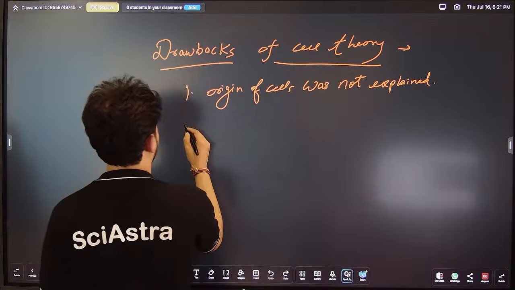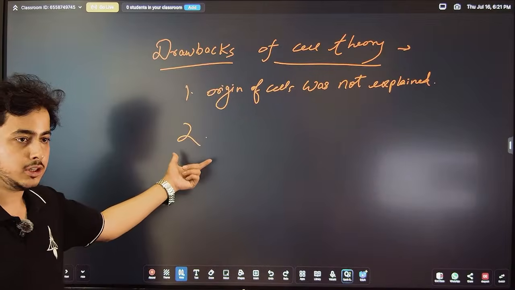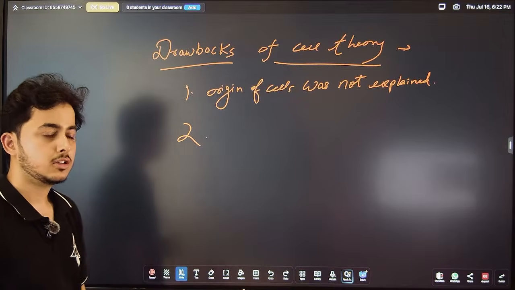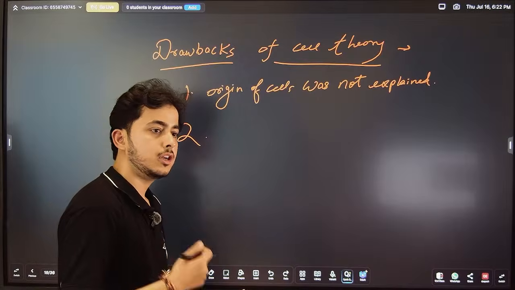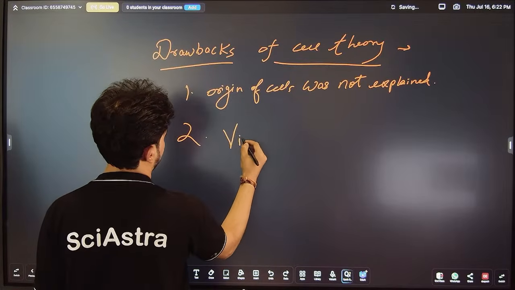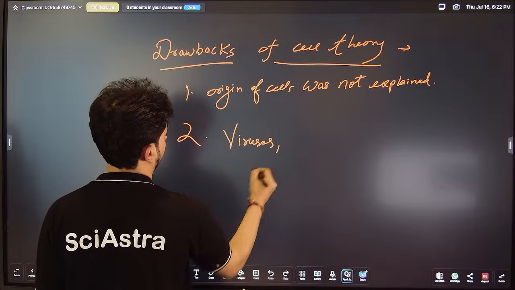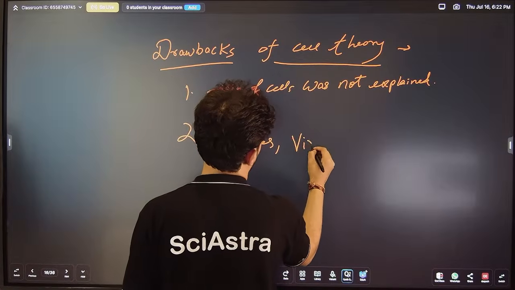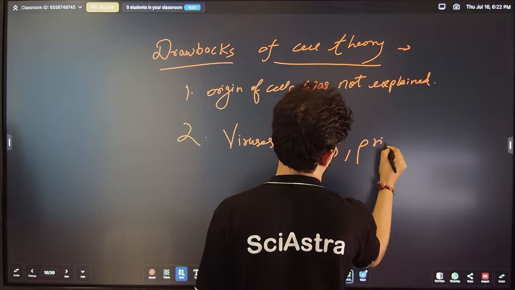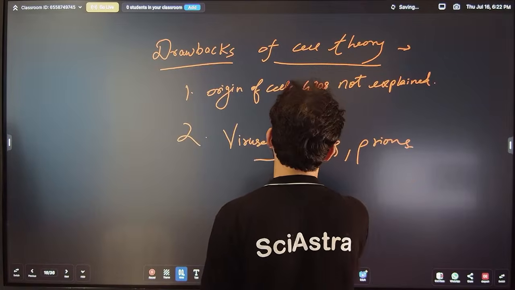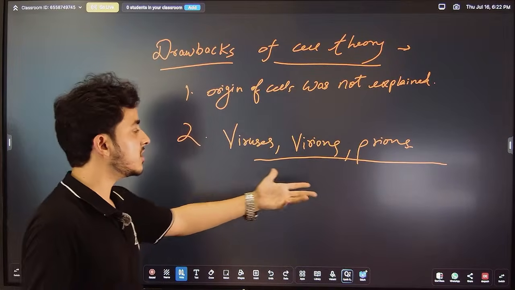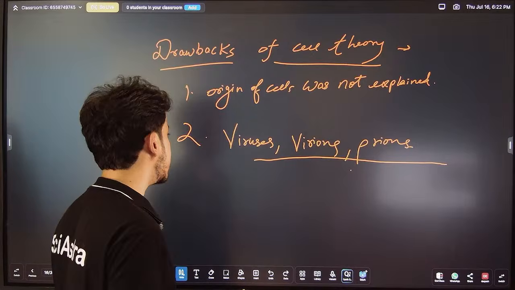Okay. The second thing, can anyone tell any other point apart from this? They don't talk about viruses, virions and prions, correct? All these different organisms that you can see, they don't talk about this. Prions are nothing but proteins, so let's not go there.